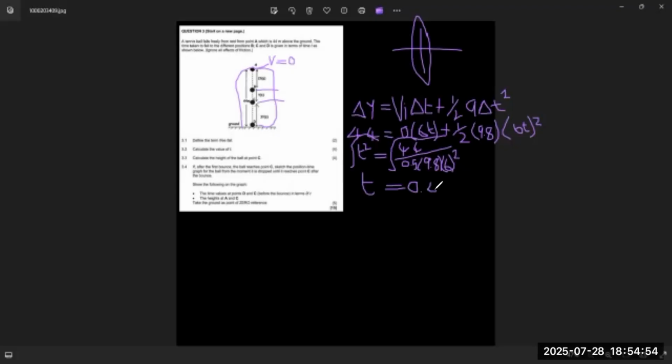Or one can also take 0.5. It won't give any huge difference. But rather make it 0.5 or 0.499 seconds. That's t. So this t doesn't mean from A to D it traveled for 0.499 seconds.